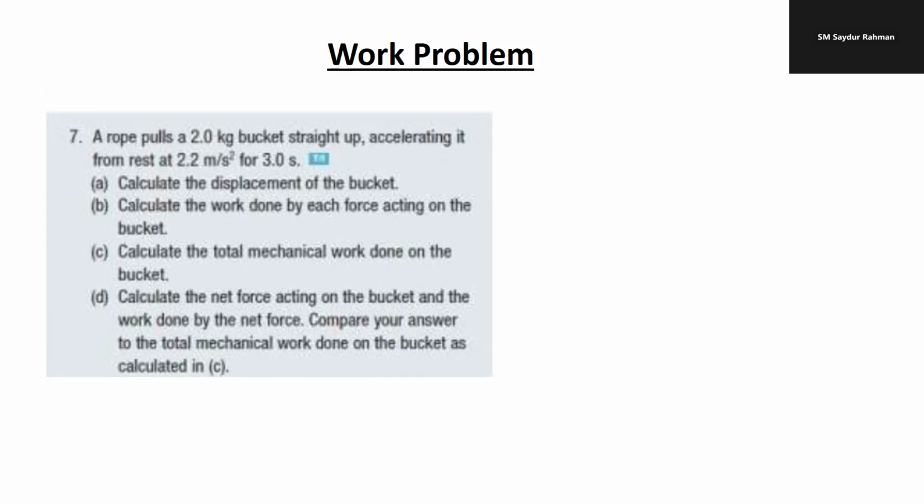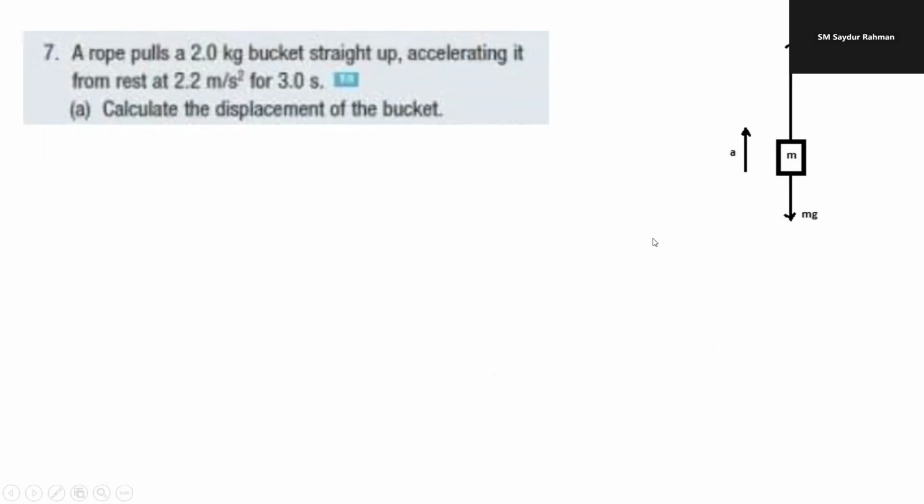So the free body diagram will be like this. Yeah, this is the free body diagram. So the weight mg is downward, and then the tension T is upward. And you can also draw the acceleration as a side note. The acceleration is also upward.